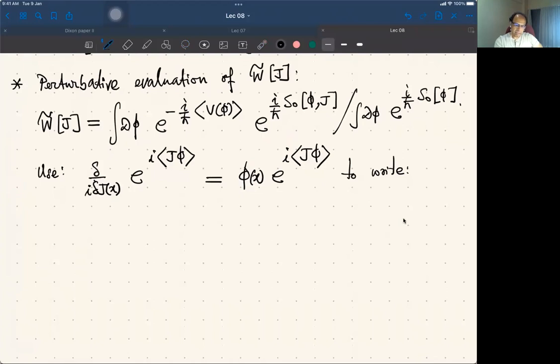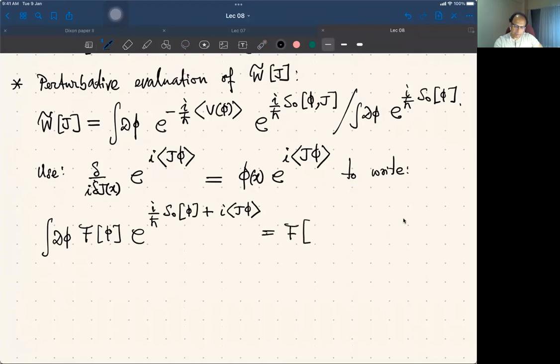So you can use this to write any path integral where a functional of φ appears, with i/ħ S0 φ plus i j φ, as f of φ replaced by δ over i δj, acting on dφ e to the power i/ħ S0 φ plus i j φ.